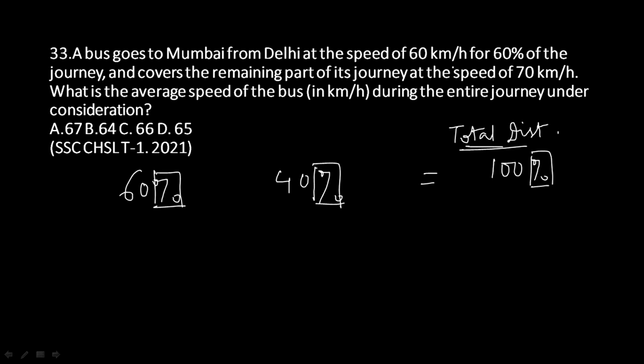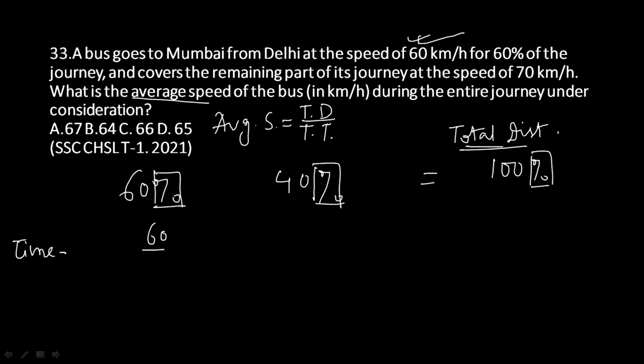And then it says the first part is covered at the speed of 60 km per hour. The question is average speed. So what have we learned? That average speed is equal to total distance upon total time. So 60 km at the rate of 60 km per hour means 1 hour, and 40 km at the rate of 70 km per hour means 4 by 7.